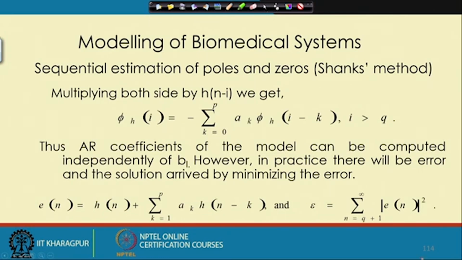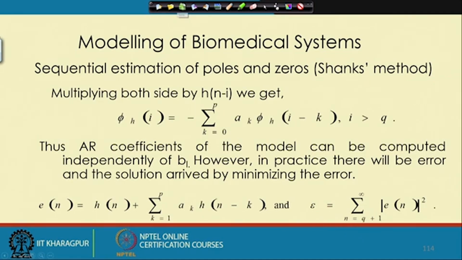In this case precisely we have p unknowns and we have n minus q equations, which is much larger than p. So, it is an over determined system. We need to take care of the error in this over determined system, and the error is defined in this way.